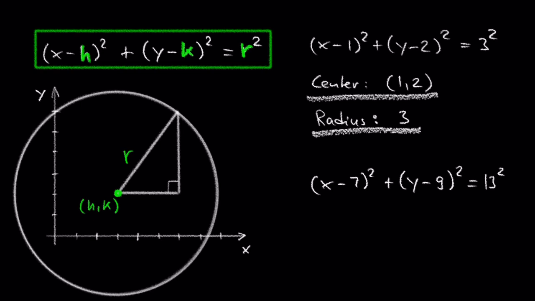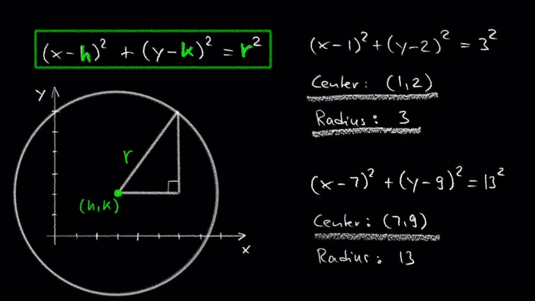As long as the equation of a circle is in standard form, the center of the circle is 7, 9 and the radius is 13. And we're done with this problem.